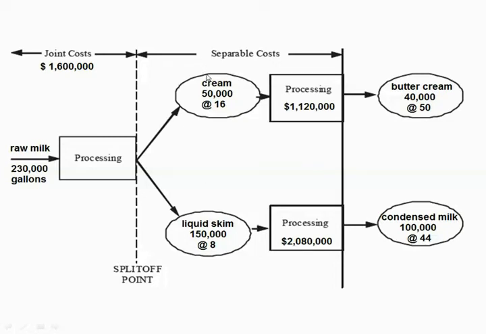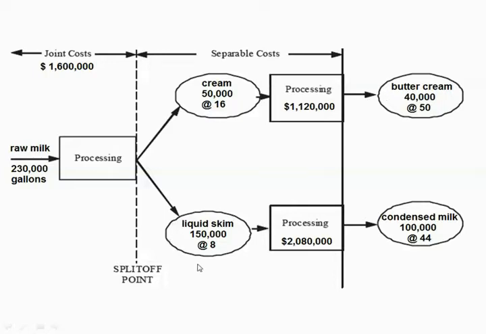Then we make further processing to transform cream into buttercream with separable cost 1,120,000 that results in 40,000 gallons of buttercream to be sold at $50 per gallon.